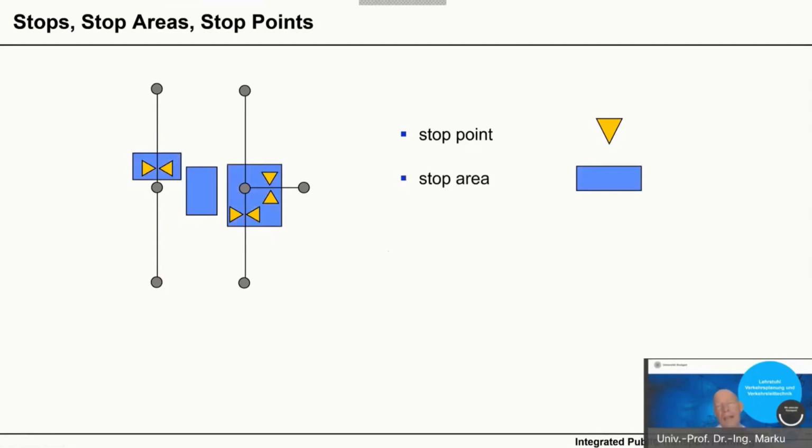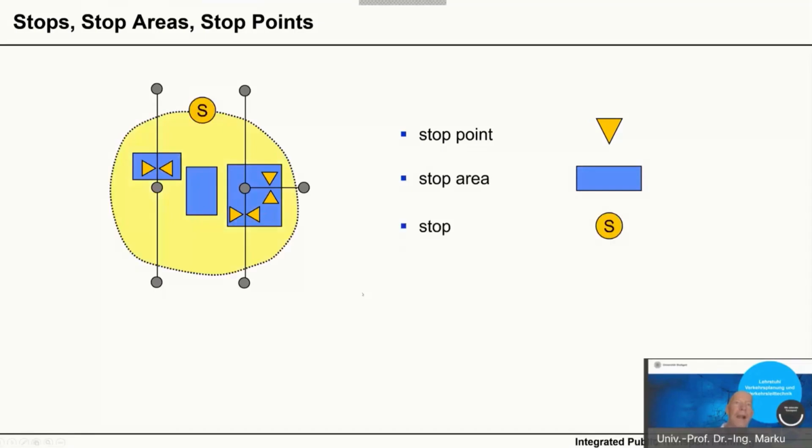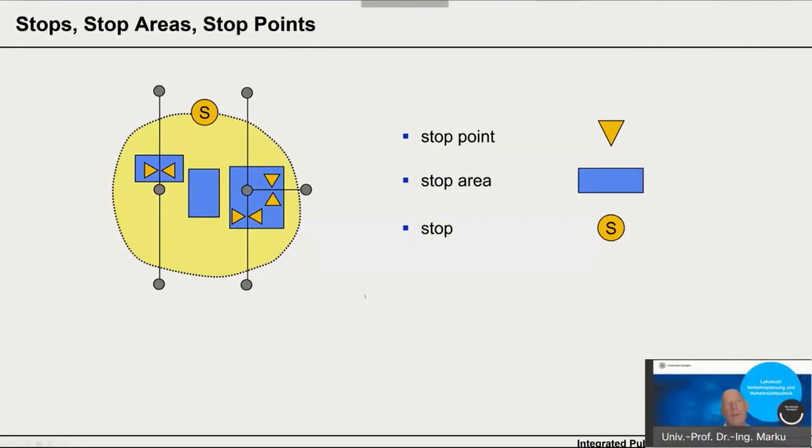And this is why a more detailed model then works with stop areas. A stop area is something like a platform, something which can be easily accessed. So within this stop area, and together, we would call that a stop.